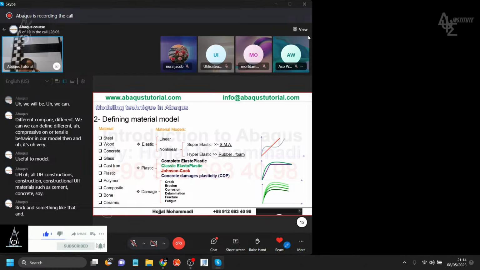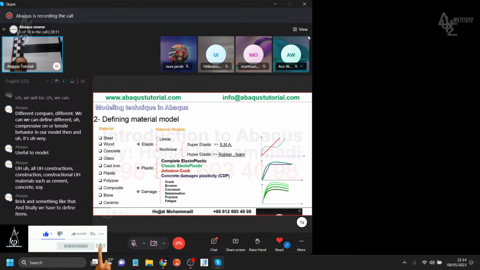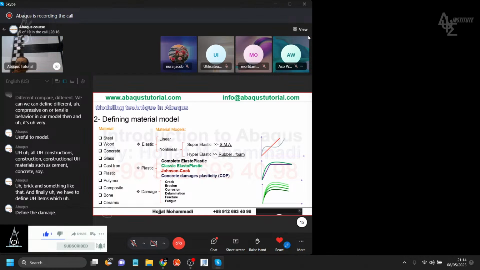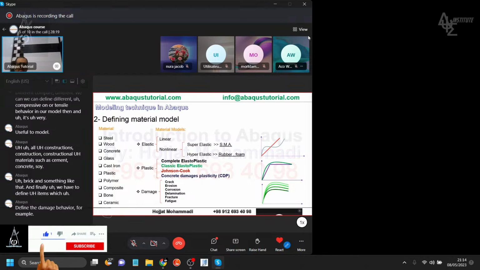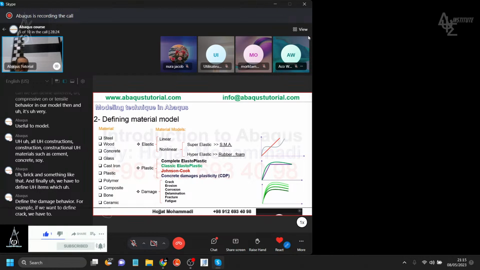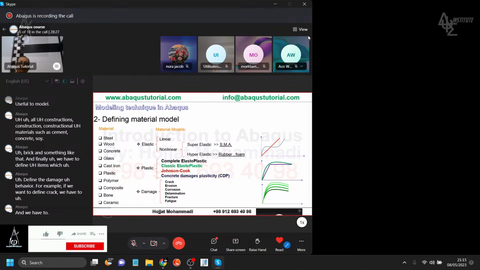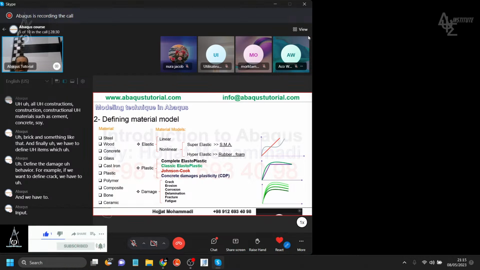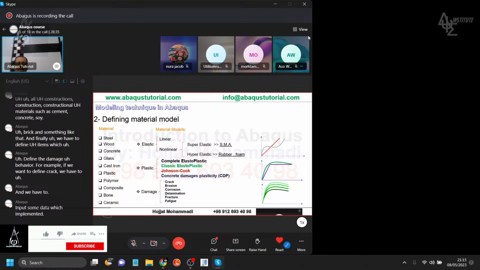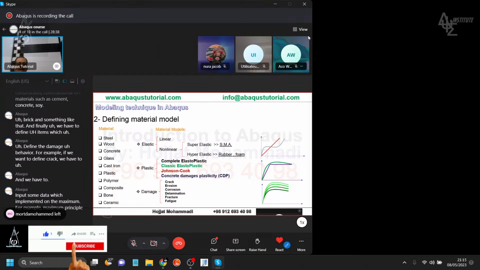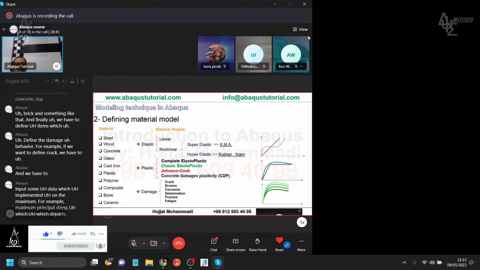And finally, we have to define items which define the damage behavior. For example, if we want to define crack, we have to input some data implemented on the maximum, for example, maximum principal stress which the parts can undergo.